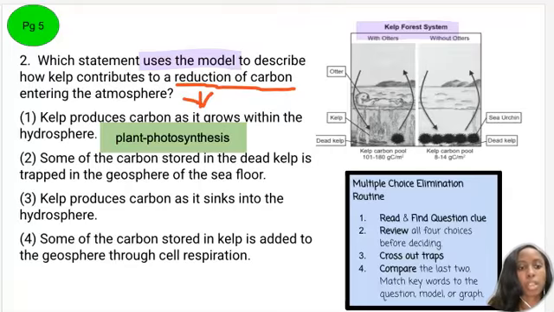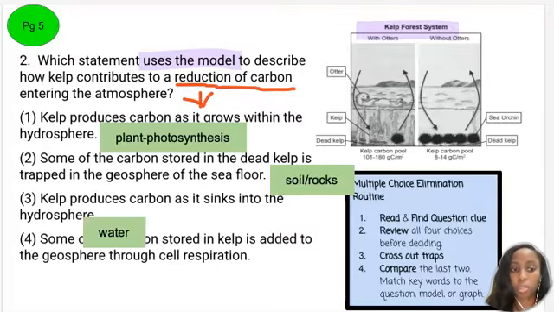Next choice: some of the carbon stored in the dead kelp is trapped in the geosphere of the seafloor. And we know that geosphere means soil, rocks, etc. Kelp produces carbon as it sinks into the hydrosphere. And we know that hydrosphere means water. Kelp are in the hydrosphere.